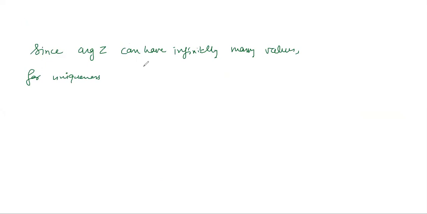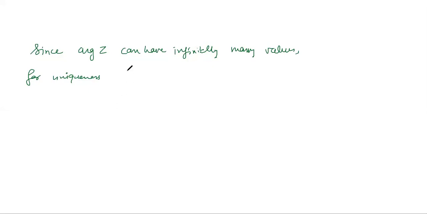So everybody can give a different answer, because एक particular answer में you keep on adding plus minus 2 pi or its multiple, all those answers will be correct because geometrically you will be at the same point. But we need a unique answer.